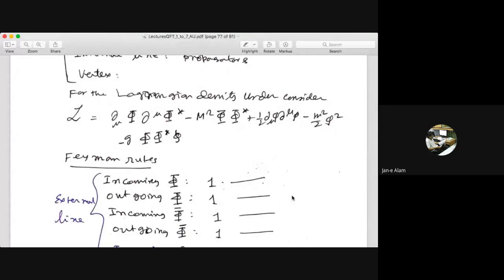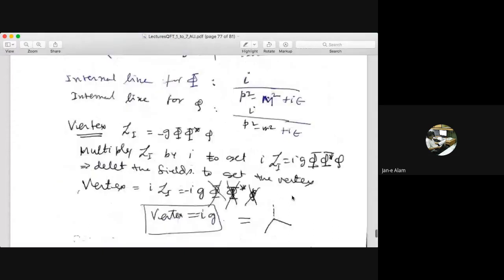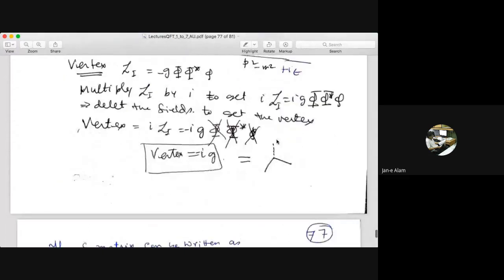And for the vertex, you take the Lagrangian, multiply by i, and delete all the fields. Whatever remains will be minus i g. In case you write down the Lagrangian for electrodynamics, you will see the vertex will be i e gamma mu. Gamma is the Dirac matrix, but e will come, the electric charge. That is the strength of the vertex.